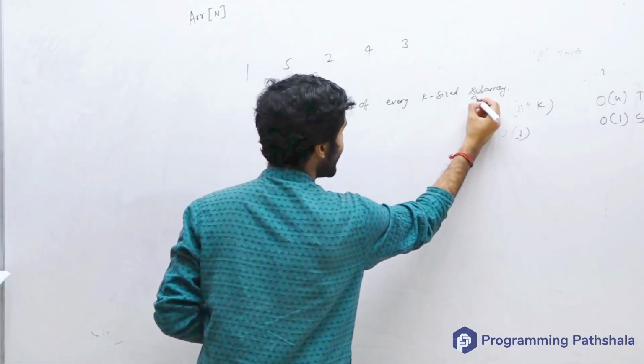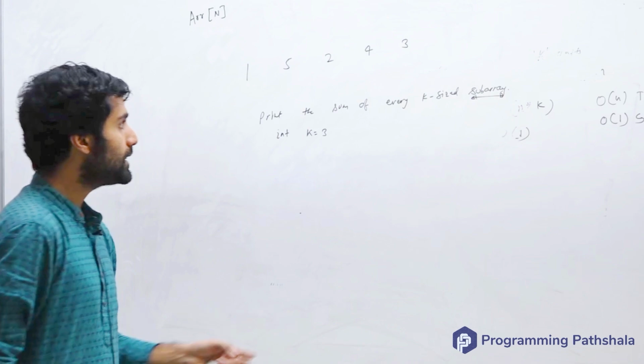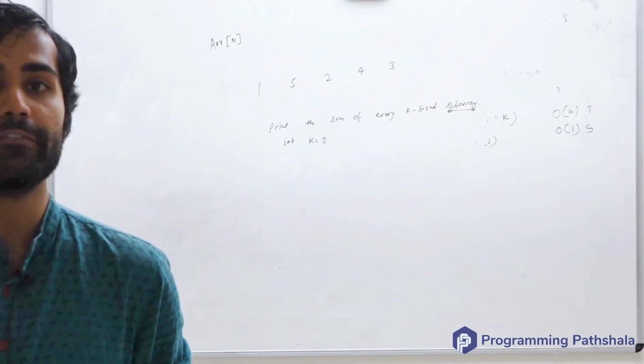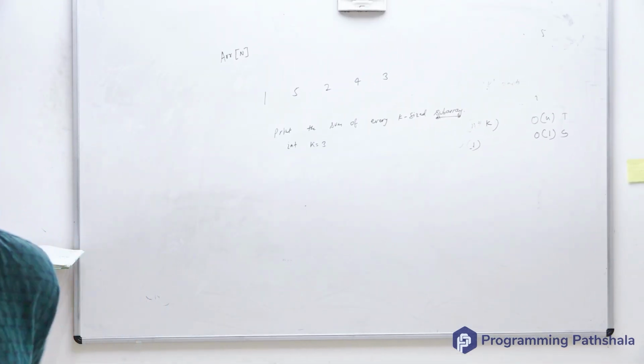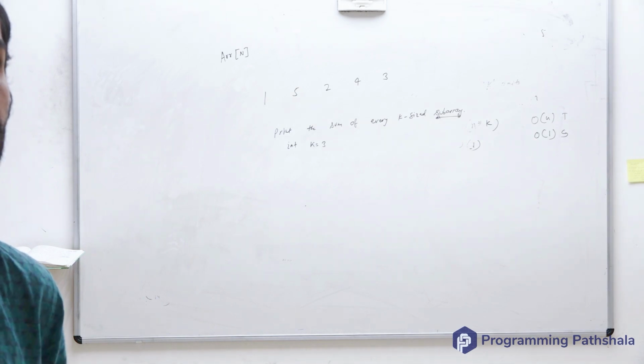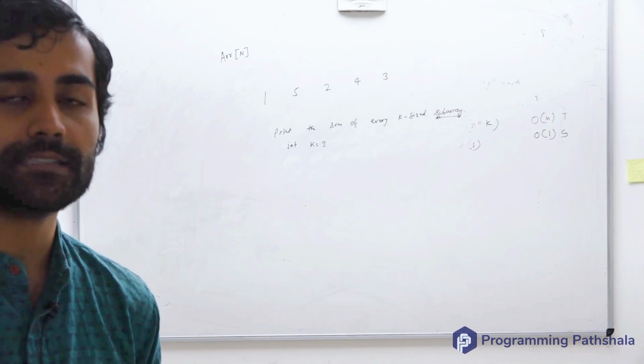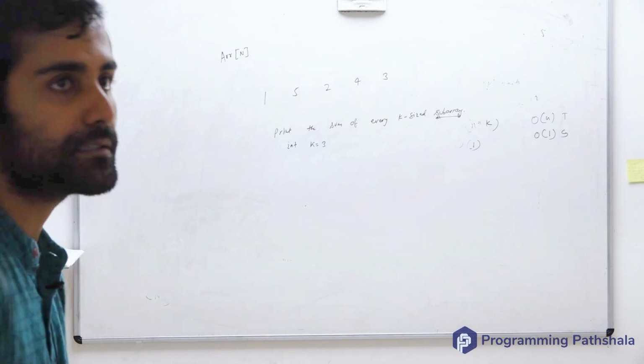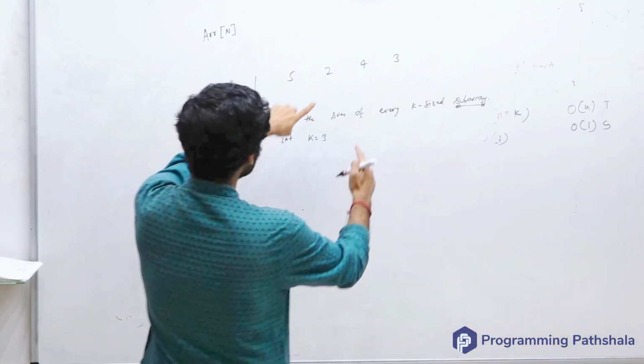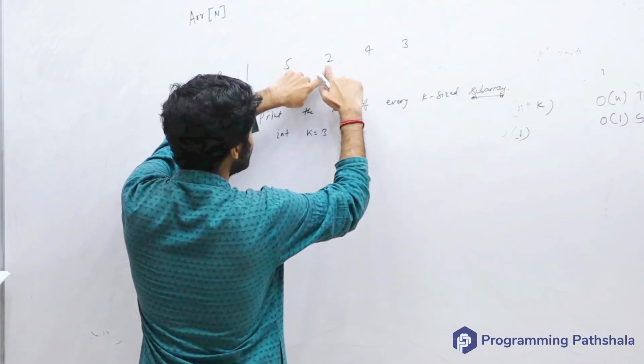At this point of time, what is a subarray and how is a subarray different from subsequence? Can somebody tell me the difference between subarray and subsequence? Subarray means contiguous, but subsequence need not be contiguous. So 2, 4, 3 is a subarray because these are contiguous.